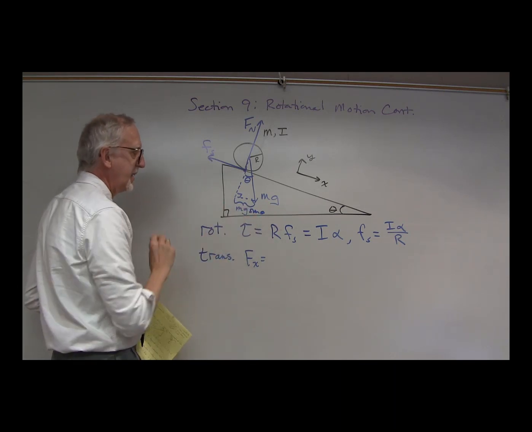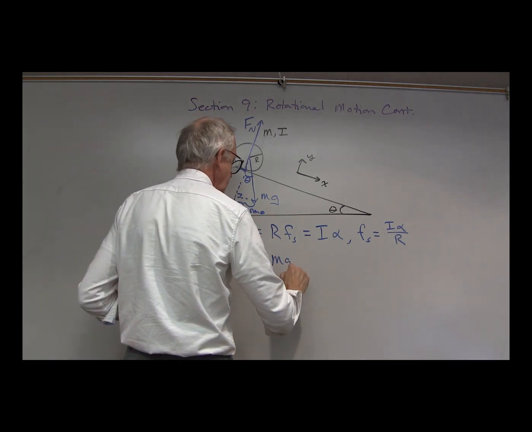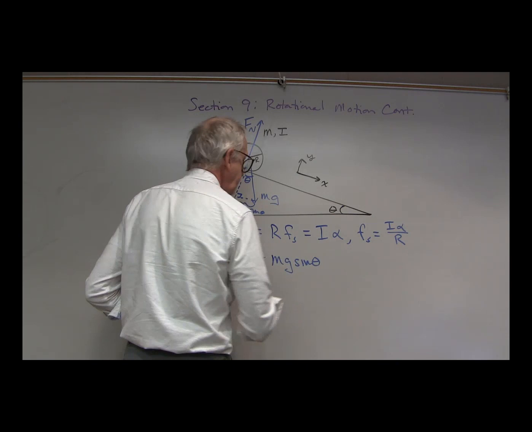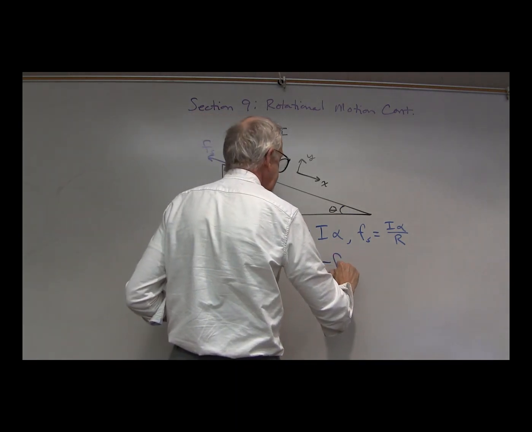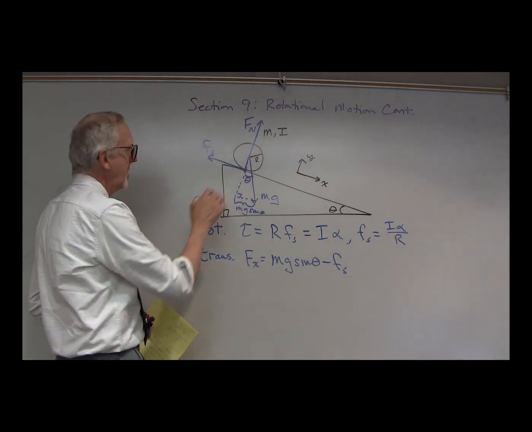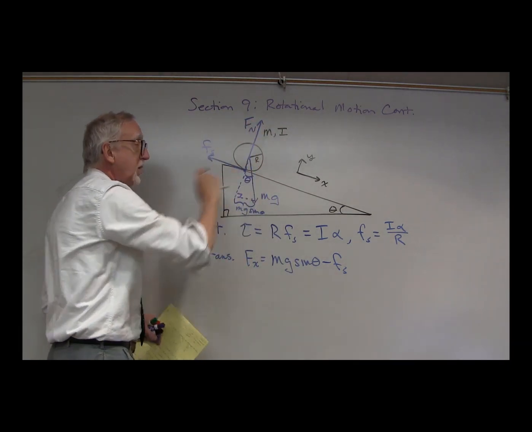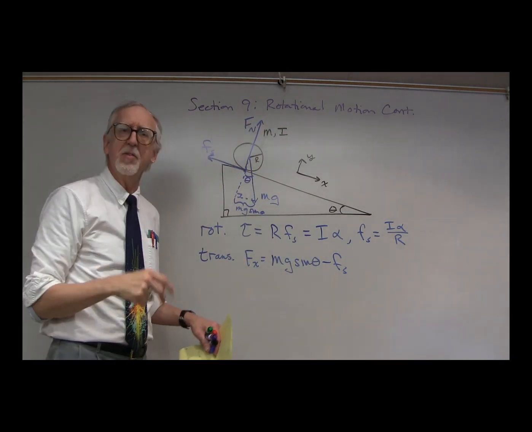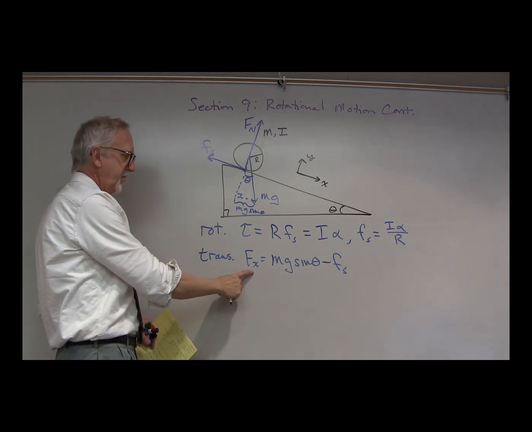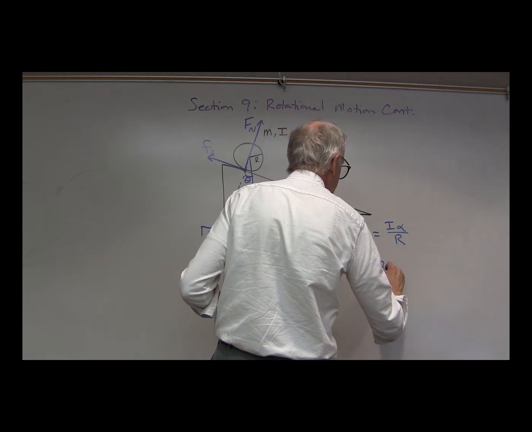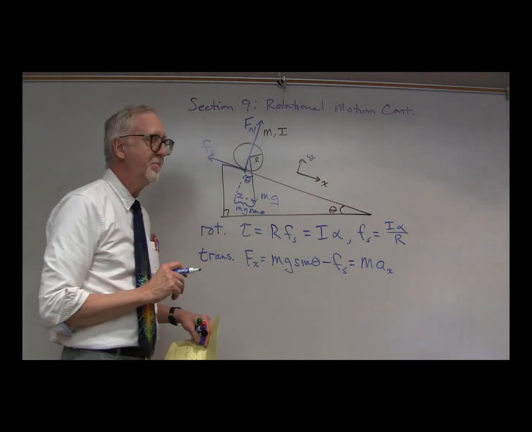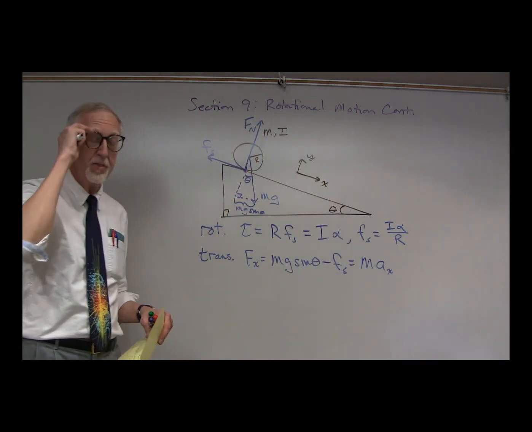So the forces acting down the incline are mg sine theta. And then the frictional force is acting up the incline, so minus f_s. The normal force is only in the y direction, not in the x direction, so that doesn't get included in F sub x. This then must equal ma in the x direction. In other words, the acceleration of the center of mass.